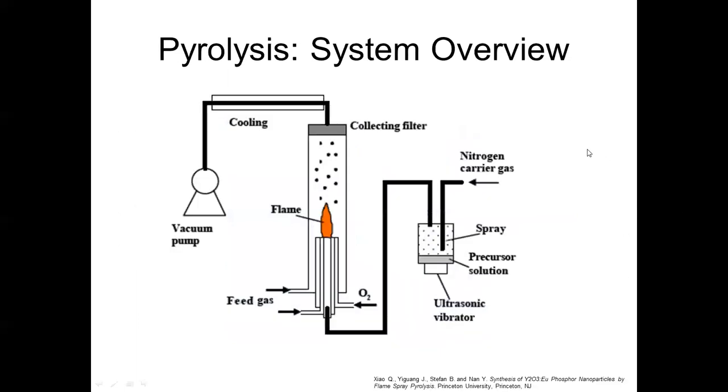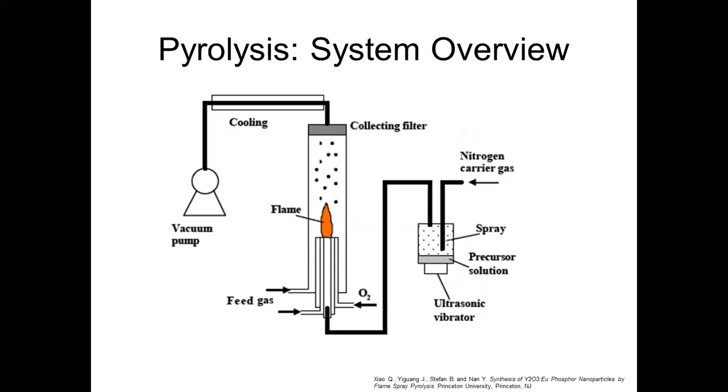So this is a typical system in pyrolysis. We're going to have our source of material over here on the right hand side going towards the left. We introduce our materials, put them into a burner, and from that point we have some kind of collecting or filtering network that goes through some kind of rough vacuum system on the left, so that we can collect this material and use it for our products.